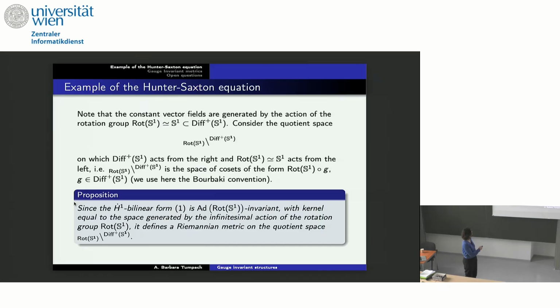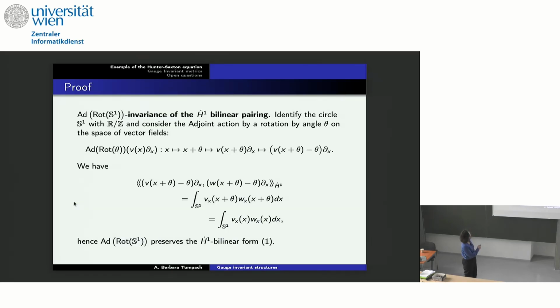And you can see this, I suppose. So first of all, how can we see that this pairing is invariant by the adjoint action of the small group, of the group of rotations? Well, as I said, in this case, we identify the circle with R mod Z. And what is the adjoint action?